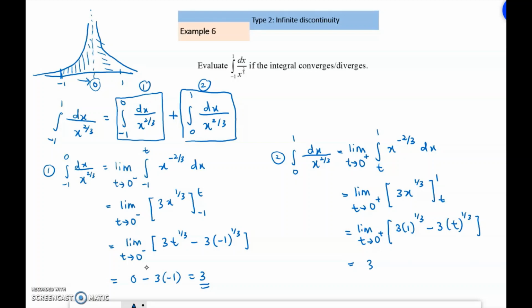So here we get 3 minus, as t approaches 0, we have 0. So this will be equal to 3.